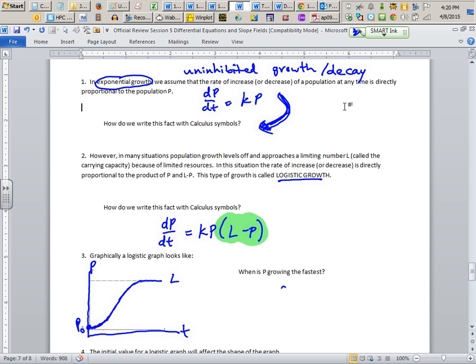Well, that's like saying, when is dP/dt max? Well, dP/dt will max out when d double prime of P, or P double prime, reaches zero. So you're looking for an inflection point, basically, on this picture. Where is our inflection point? It's right about here.